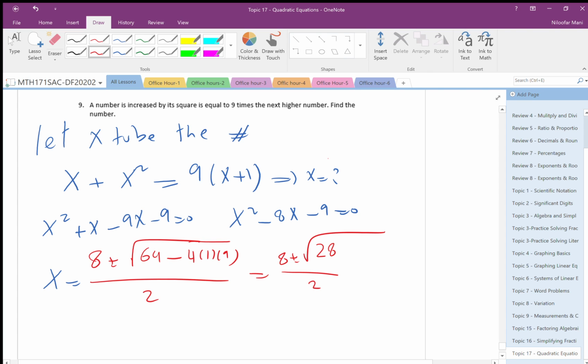So I have to see where I made a mistake here. So it is 9 times the next higher number. A number is increased by its square and is equal to 9 times the higher number. So it is x squared plus x.